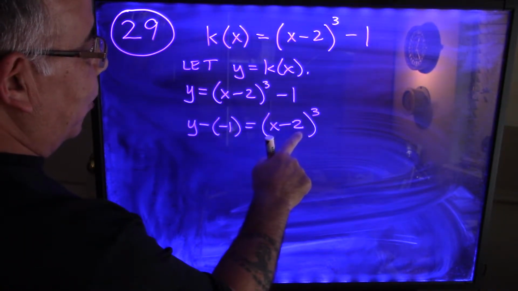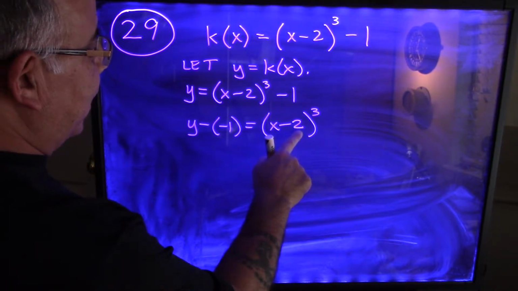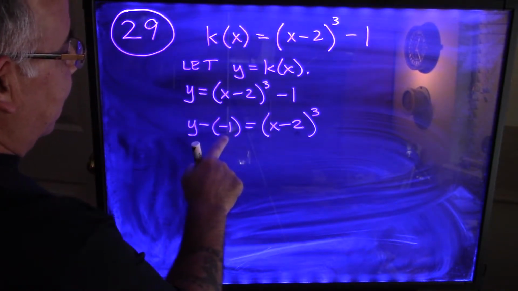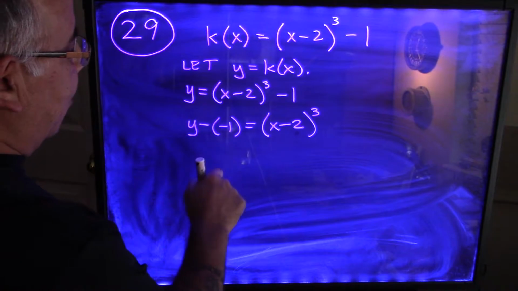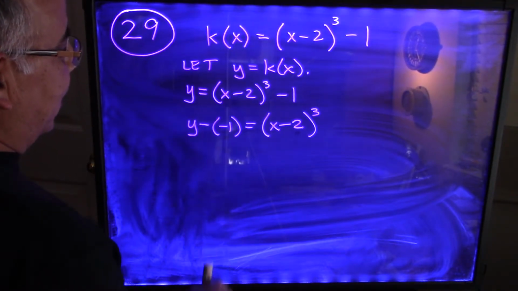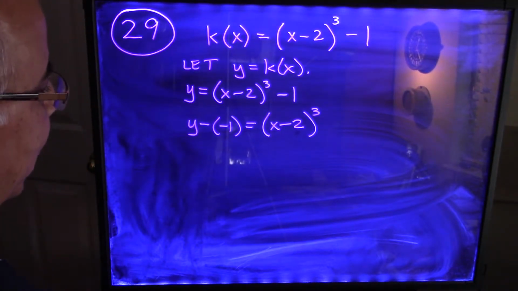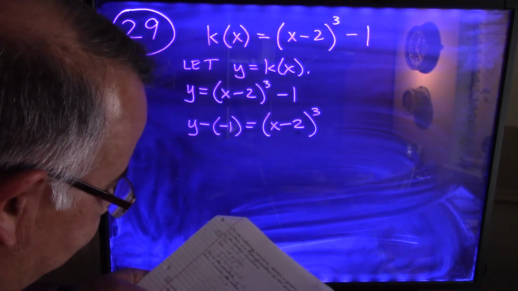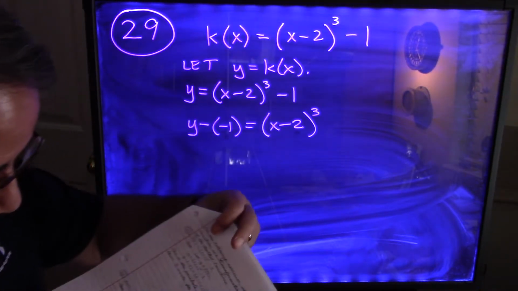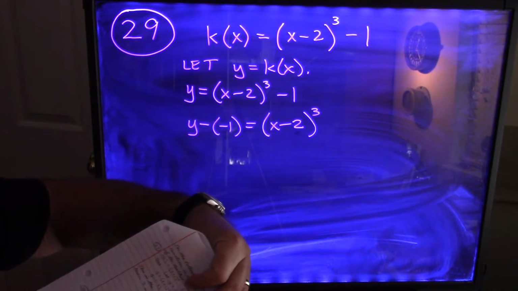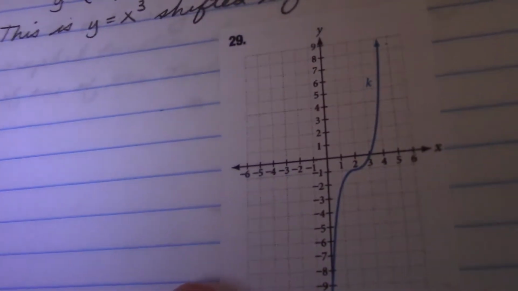So you're going to shift y equals x cubed 2 units to the right. And this will tell you it goes down 1 unit down. So it's right 2 units, down 1 unit. And that again is borne out by the answer in the book, as you can see right there.